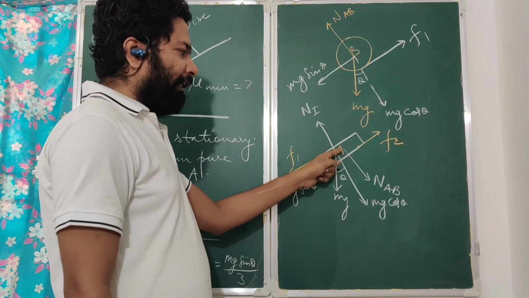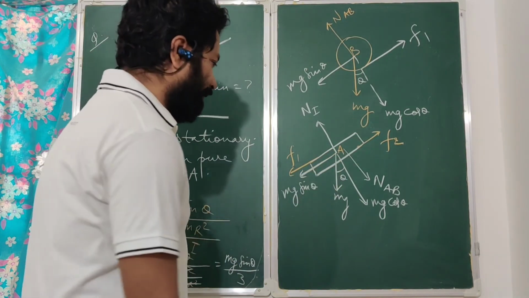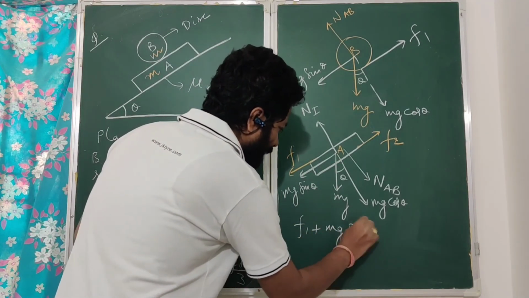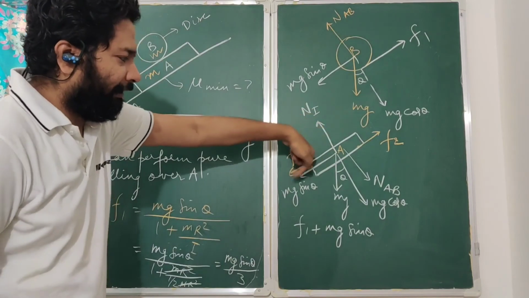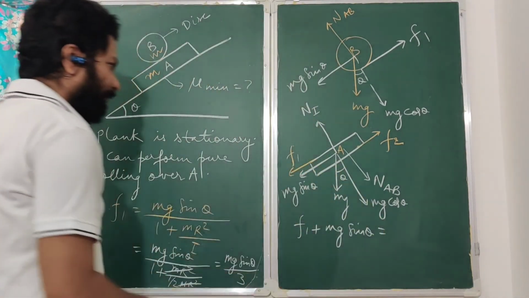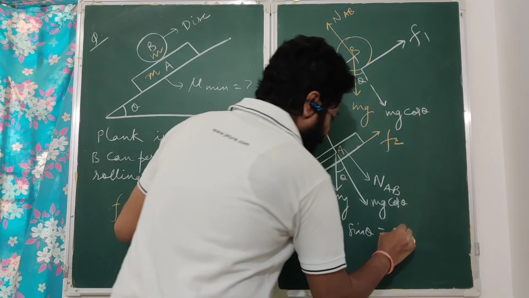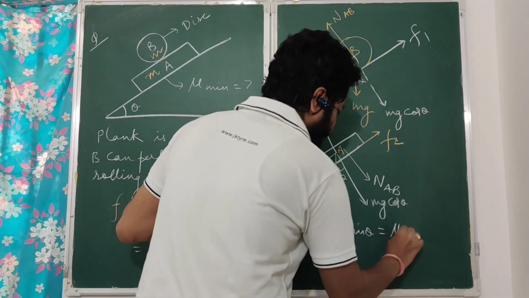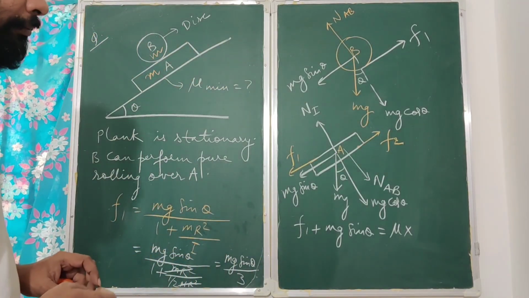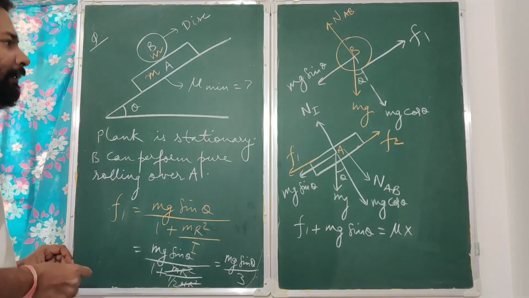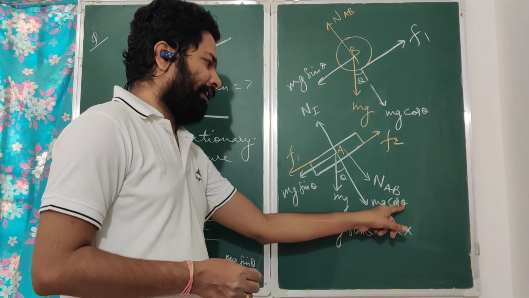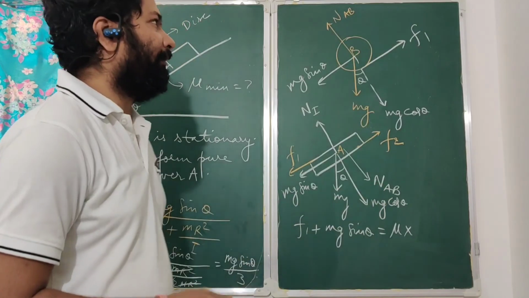And for equilibrium, for this block to remain stationary, can we say F1 plus mg sin theta, which is the net force acting down the incline, should be equal to the force from the incline, which is F2, and F2 can be written as mu into some normal reaction. So what is the normal reaction here? mg cos theta plus NAB.